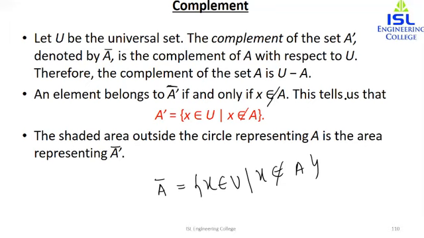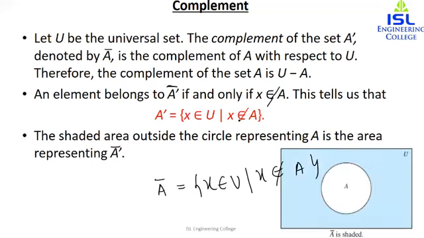In set builder notation, X should belong to U, the universal set, but it should not belong to the set A. So you are shading the entire rectangle, the universal set, leaving the circle which is your set A. Let's see an example.